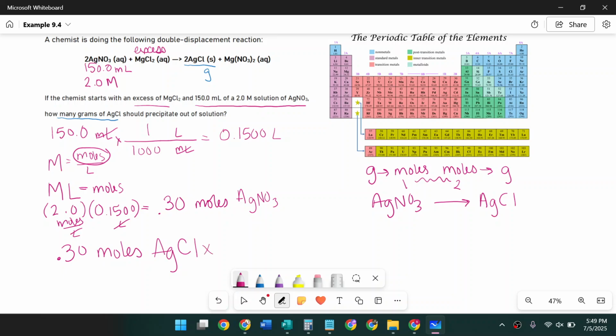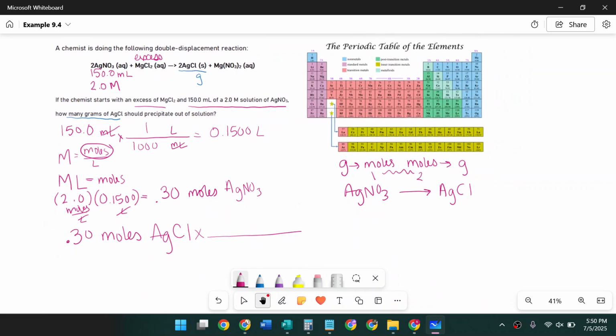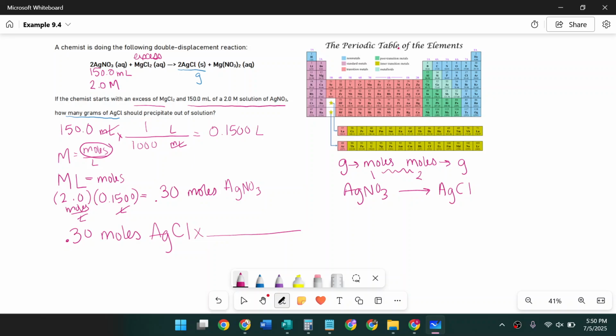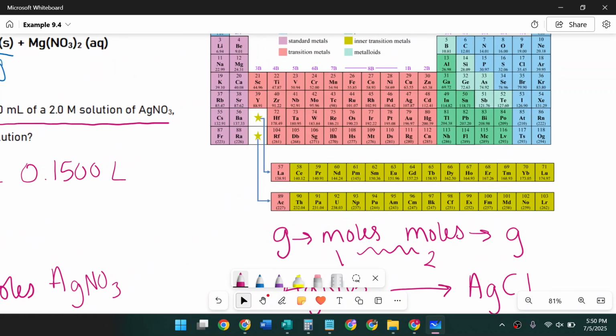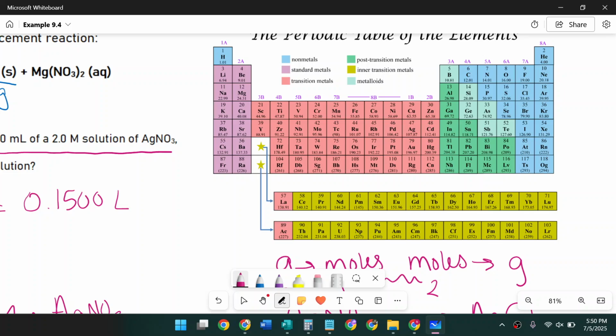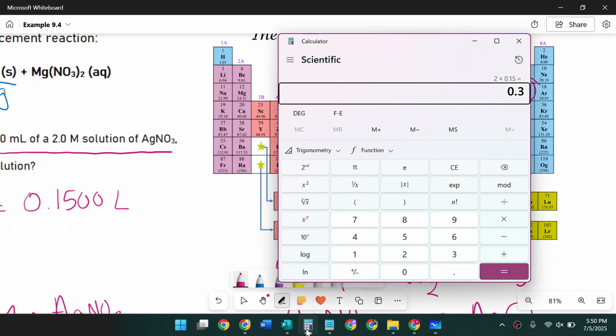We do that the same way we've always done, well, always meaning the last chapter or so. We figure out how many grams there are per mole of AgCl. So we can add those numbers together.